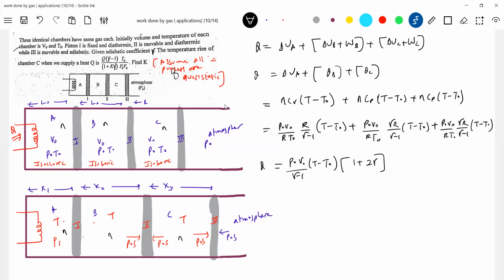Okay, we don't know that T, no? What to do with that T? We don't know that T. Anybody, how to bring that temperature?